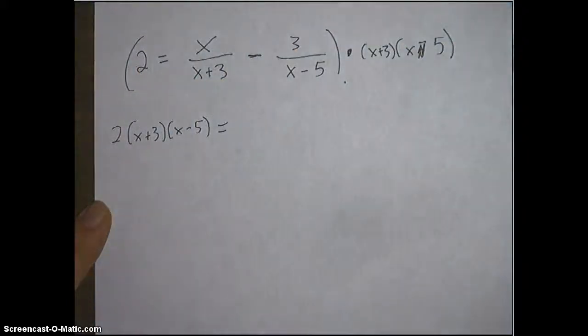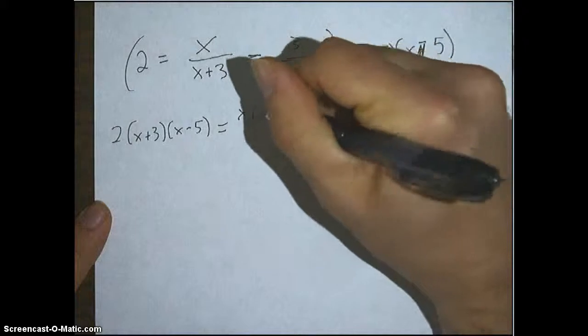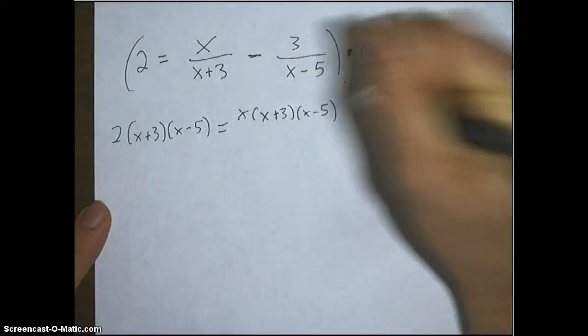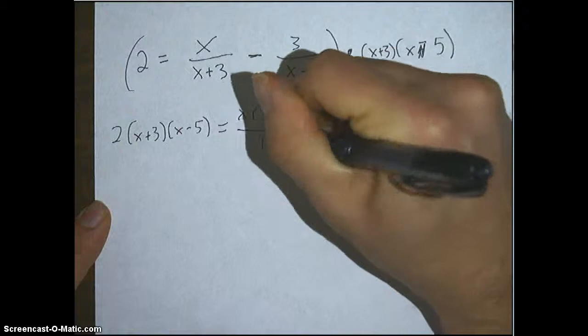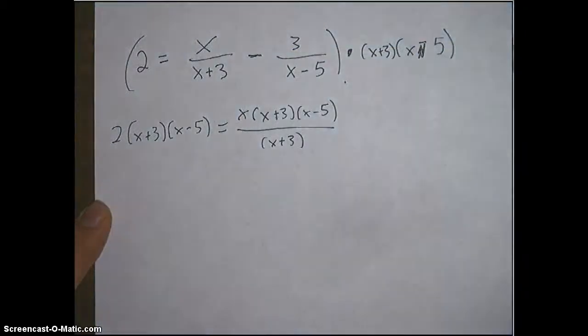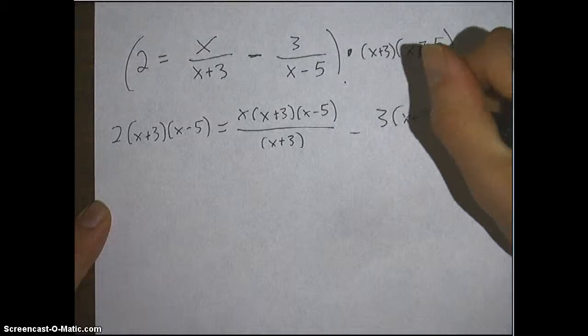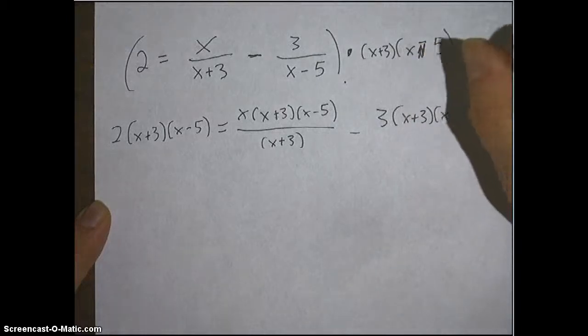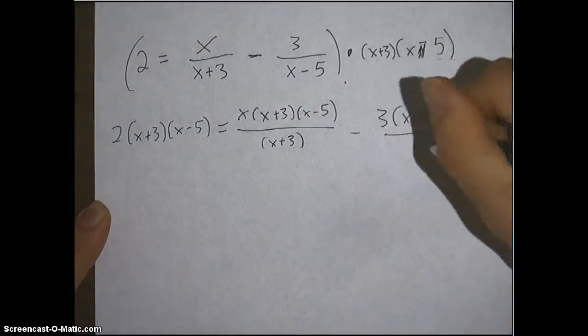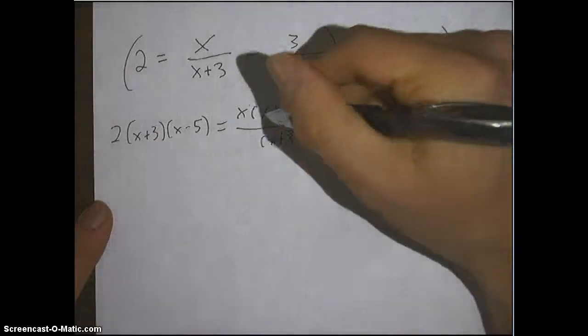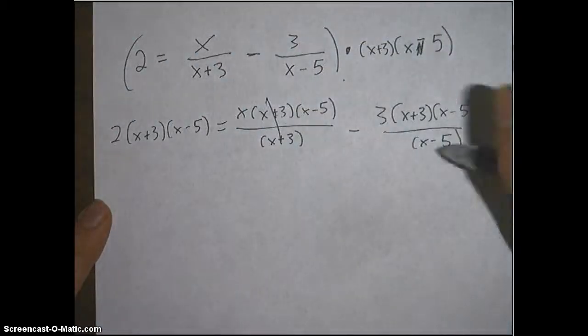And then I've got x times x plus 3, x minus 5 over x plus 3 minus 3 times x plus 3, x minus 5 divided by x minus 5. Now the whole point of doing that is so we can cancel those out.